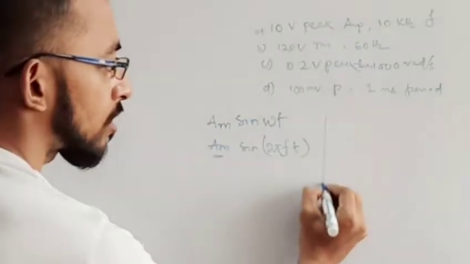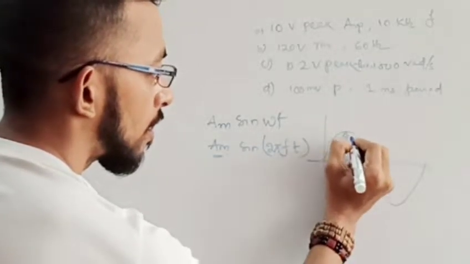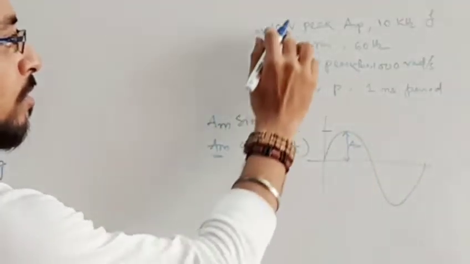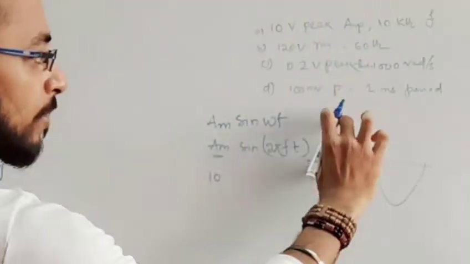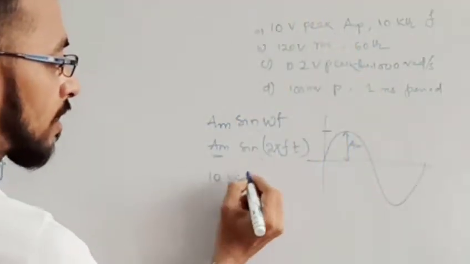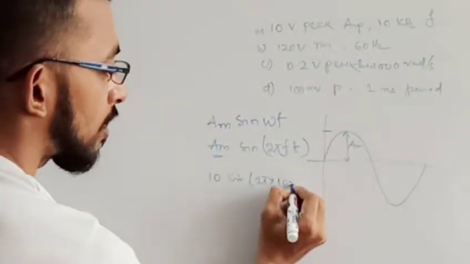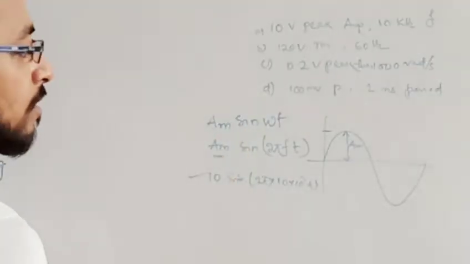This Am is nothing but the maximum amplitude. In this case it is given as 10 volt peak, so it is amplitude into sin 2 pi ft, where 2 pi into f is 10 into 10 power 3 t. So this is the sine representation for the first one.